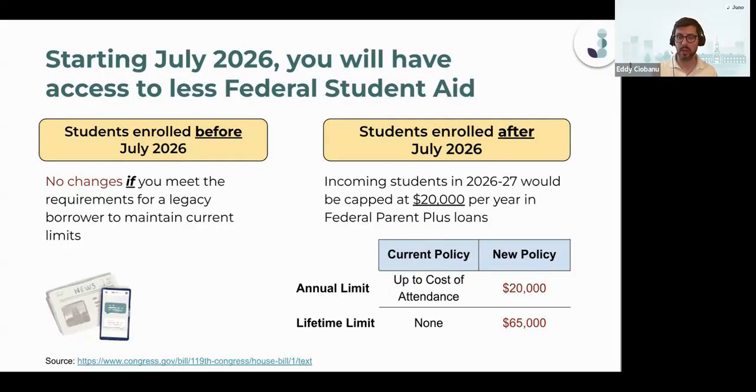These changes are specifically targeting Parent Plus borrowing capacity. Currently, up until June 30th, a family can borrow up to the cost of attendance with no lifetime limit. That is going to change for all the high school seniors and everyone younger after that point.